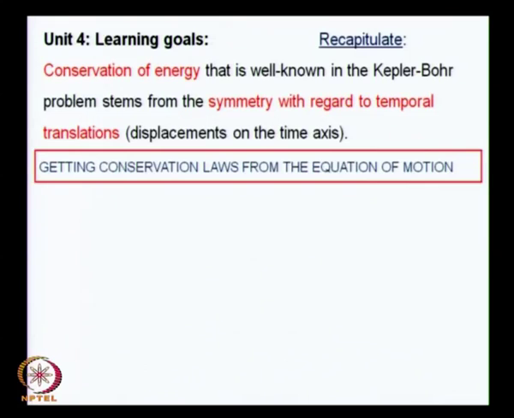And specifically what we will do is to find how to determine what physical quantities are conserved if you know what the equation of motion is. So, given an equation of motion, how do you get a conservation law? Okay, so that is something that we will discuss.